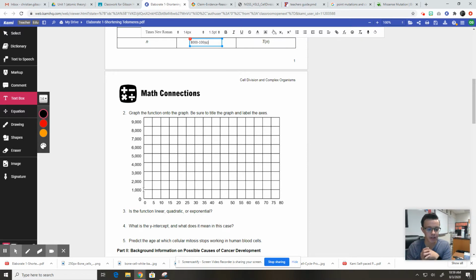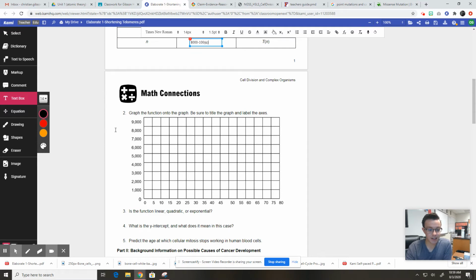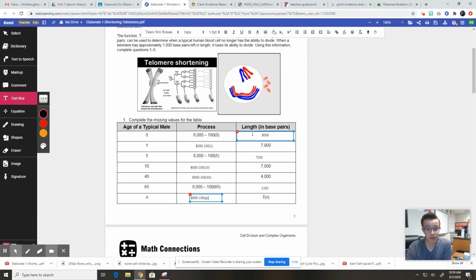You may come in already knowing that. Sorry if I'm insulting your intelligence, but the y-axis is vertical, the x-axis is horizontal. So at the top here on the side, we've got the y-axis. On the bottom here, we've got the x-axis. And logically, we can conclude that because of how big the numbers are, this is likely on the y-axis: the number of lengthened base pairs of the telomere.